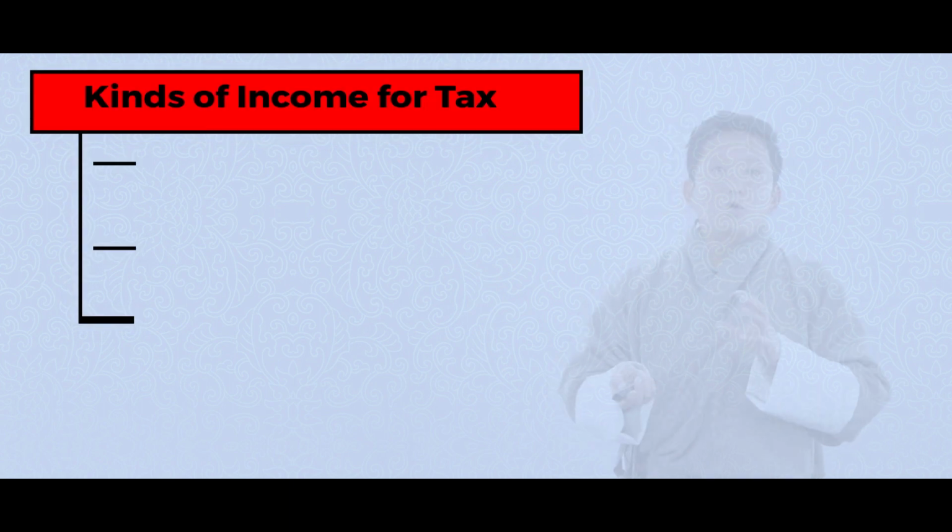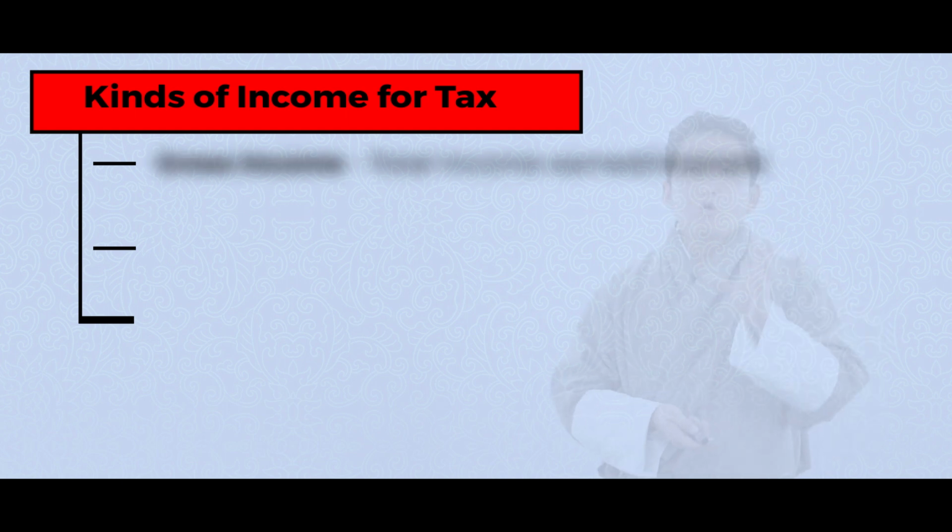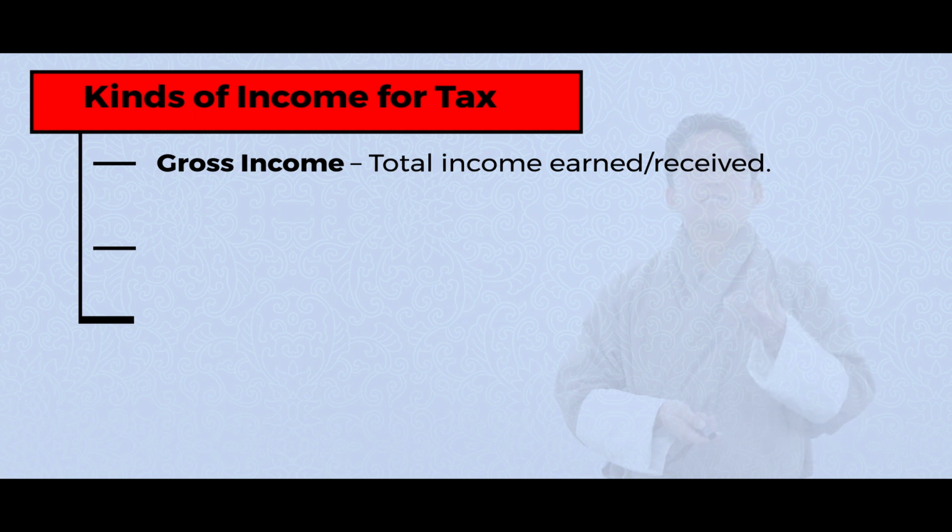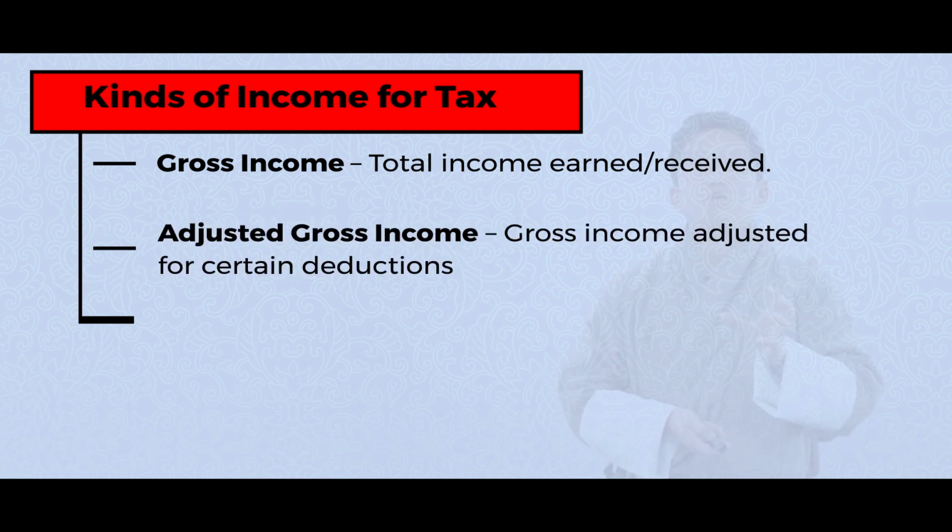And also to pay the tax, as I've said, there are kinds of income. So kinds of income for tax. There is a gross income, that is the total income earned or received. On that total gross income, we have adjusted gross income, where we make some deductions.